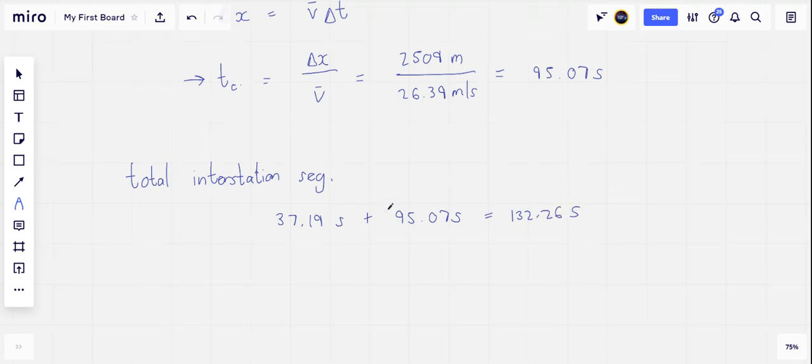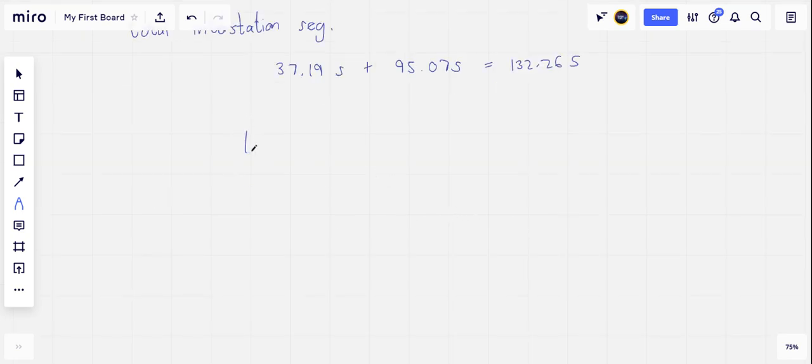Now, with 5 interstation segments of 132.26 seconds each and 4 stops of 22 seconds each, the total time, we'll call it T3 for T of 3 kilometers, is equal to 5 times 132.26 seconds plus the time for the stops, which is 4 times 22 seconds, which gives us a time of 749 seconds, which works out to 12.5 minutes.